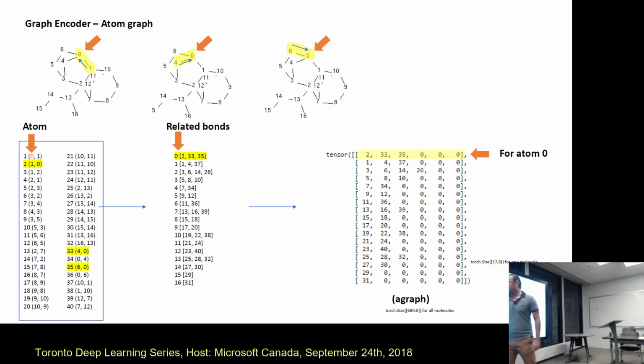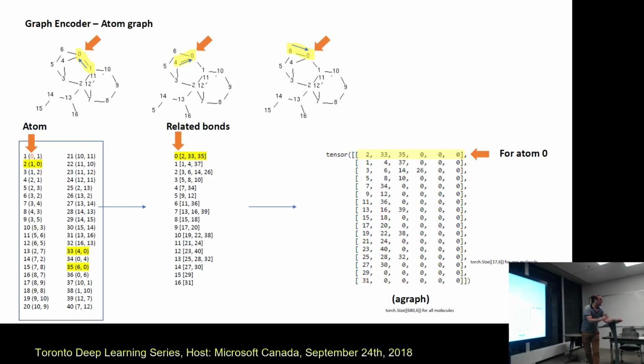To do this, they first create a table of all the bonds possible in the molecule, and they give them a unique ID. Now, the next step is just figuring out which bond is which. So, for instance, 1, 0 is 2, and they transfer that information here. Next one is 4, 0 is 33, and they transfer the information. So that's how the process works.